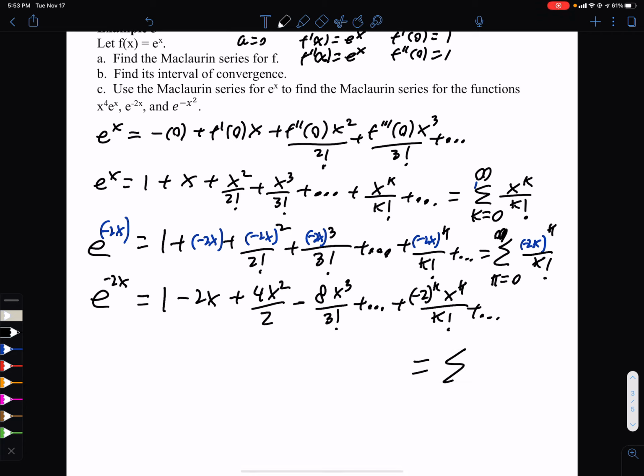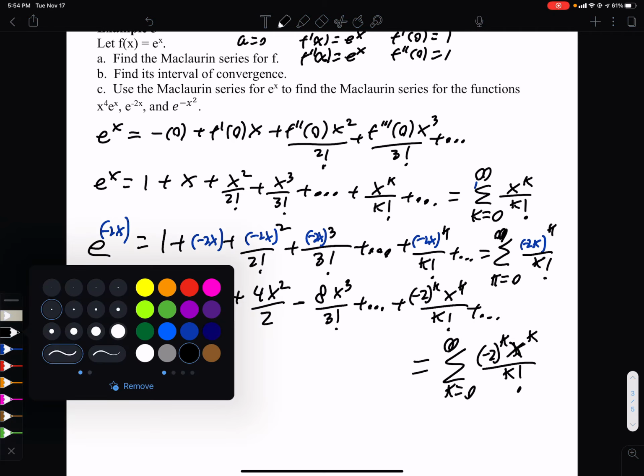And then our summation notation, we have negative 2 to the k, x to the k, over k factorial. All right, and that's it.